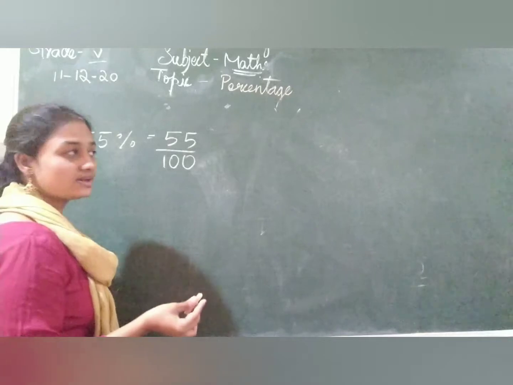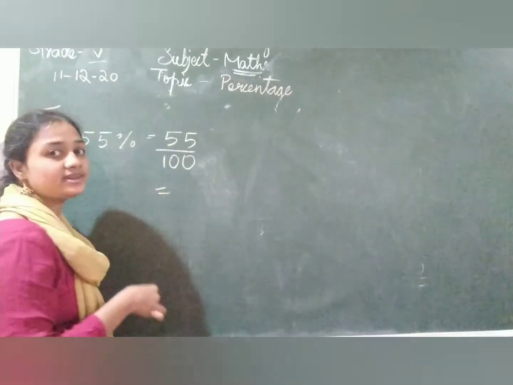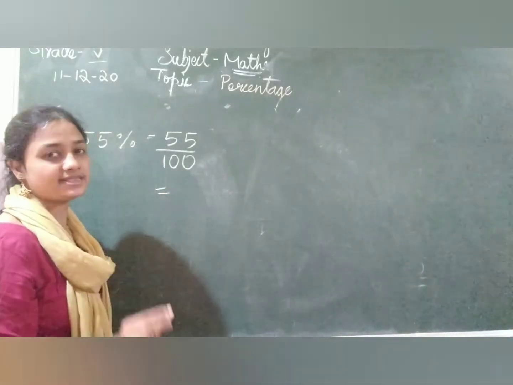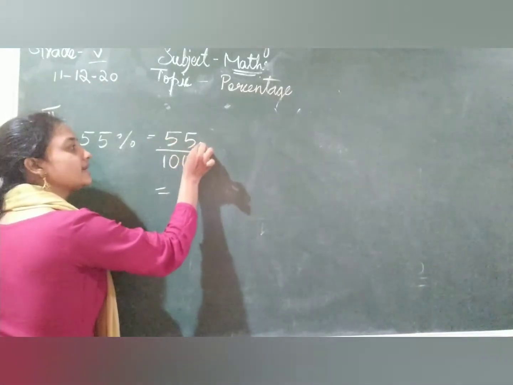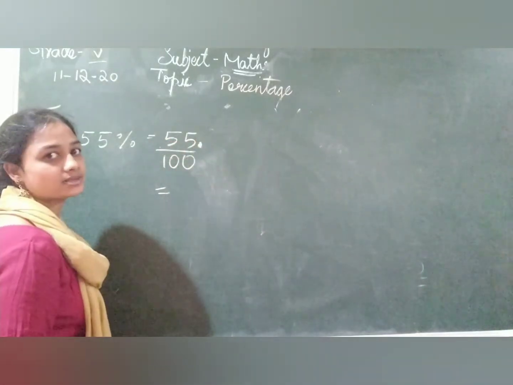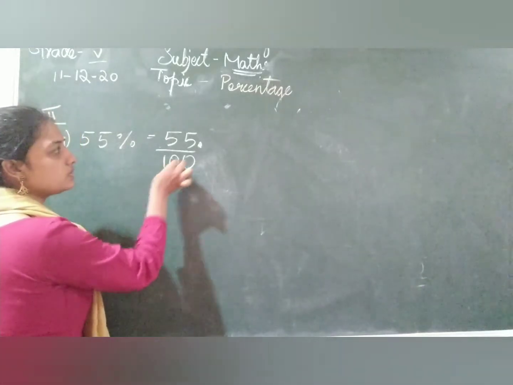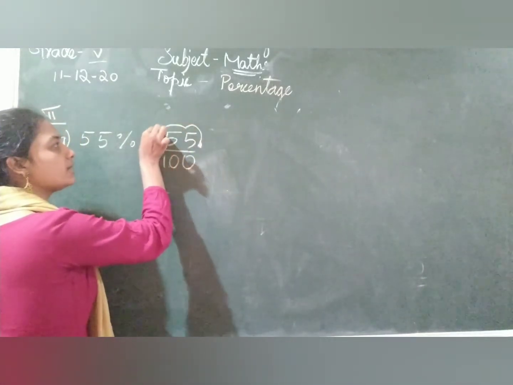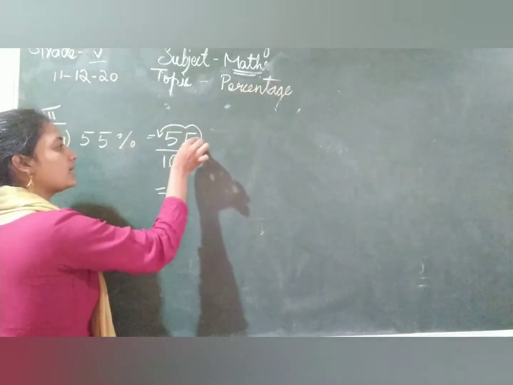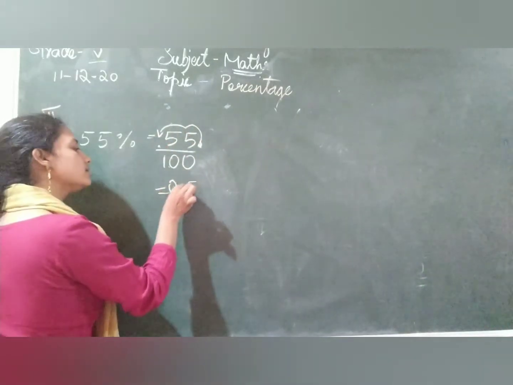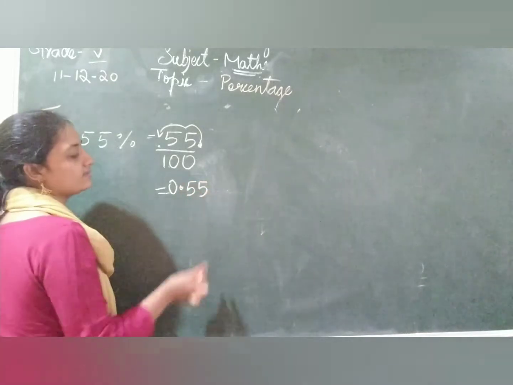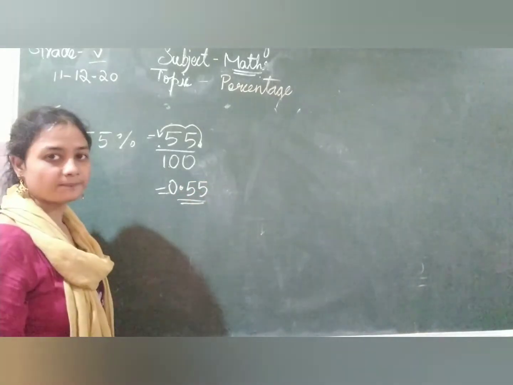When you are dividing it by 100 and you want to convert it to decimal, it is the easiest one. If there is no decimal point here, it is understood my decimal is in the last. I have two zeros, shift two numbers. So I just jump to here. So my answer will be 0.55. This is my decimal form.